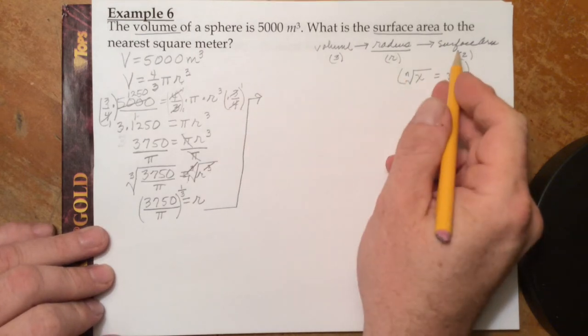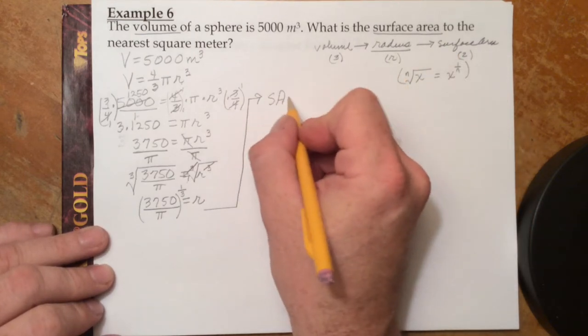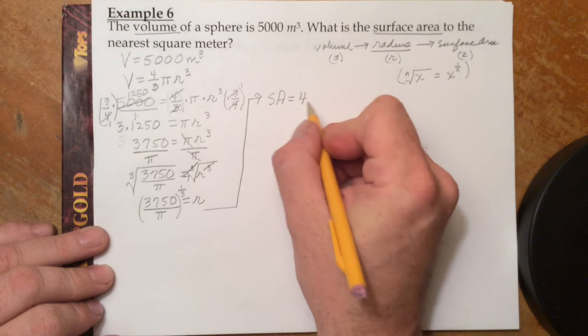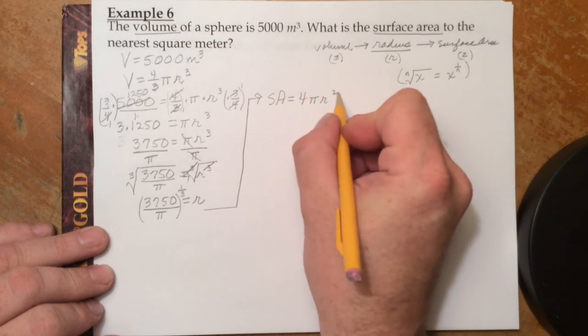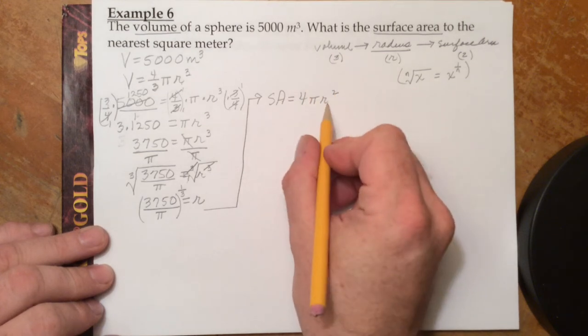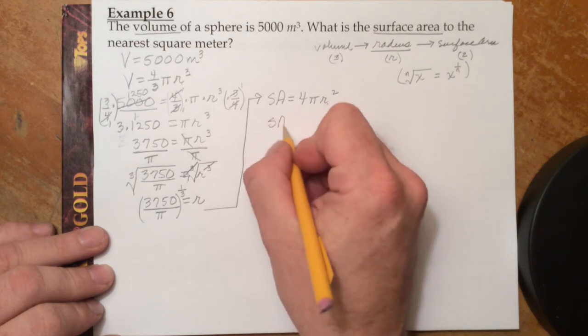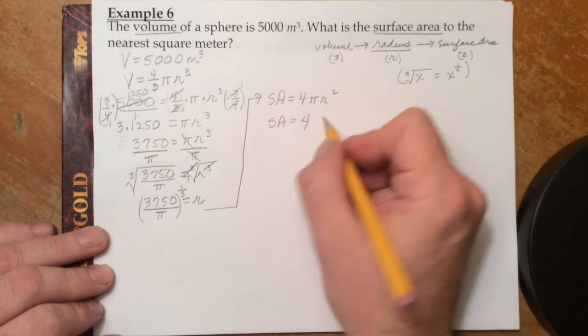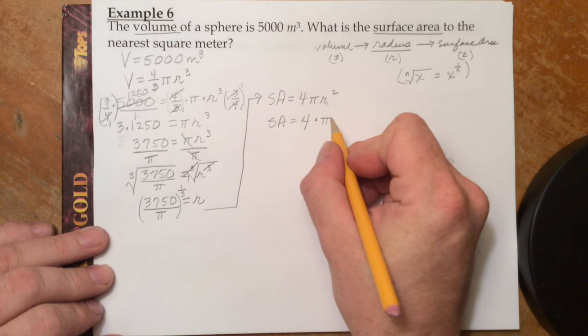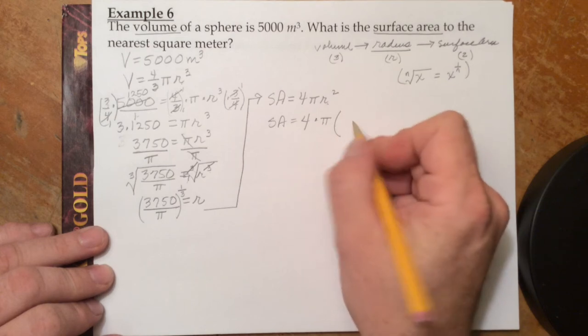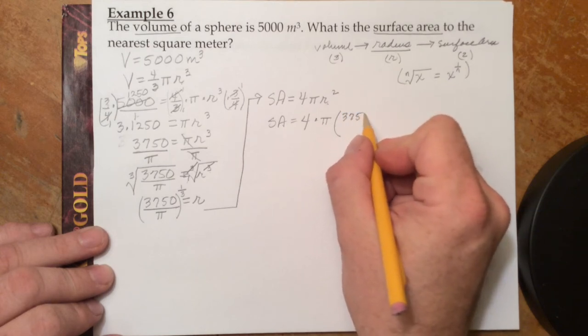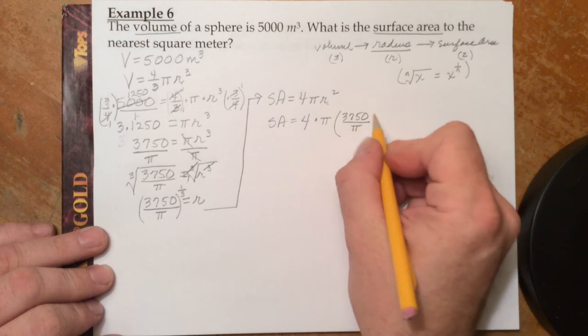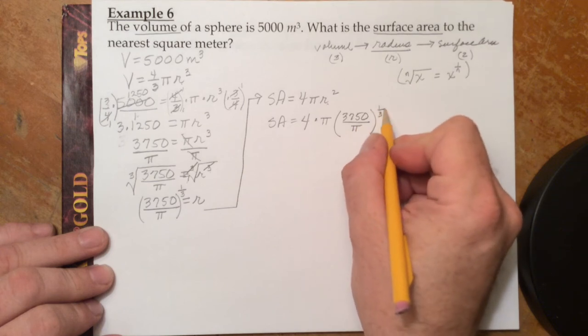we now can find the surface area. Surface area of a sphere is 4 pi r squared. Now that we have r, the surface area is 4 times pi times the radius, which is 3,750 over pi to the 1/3 power.